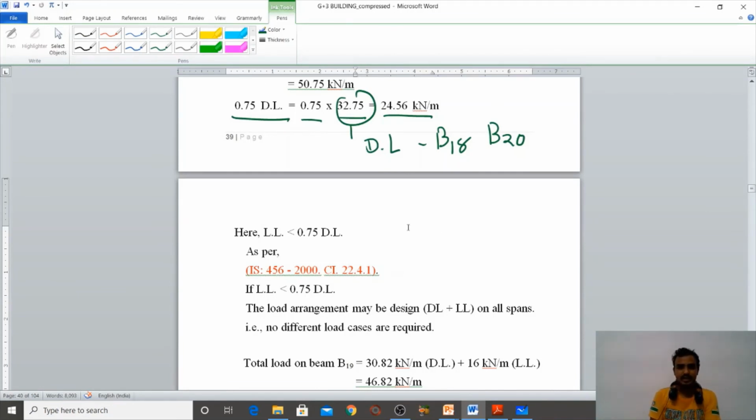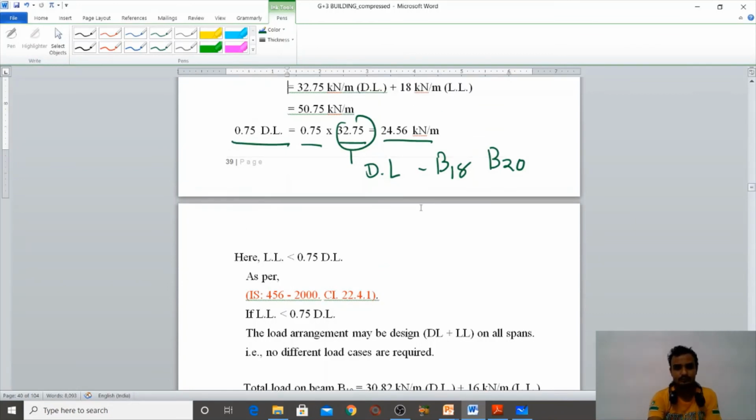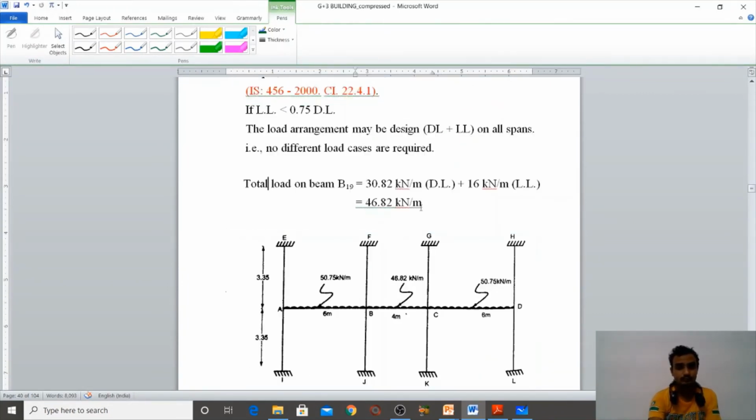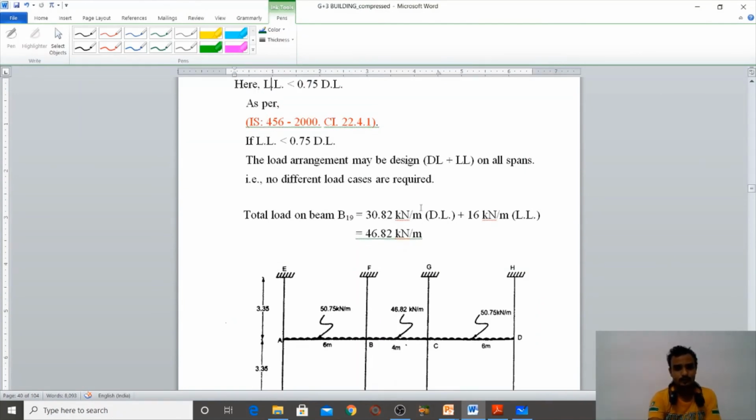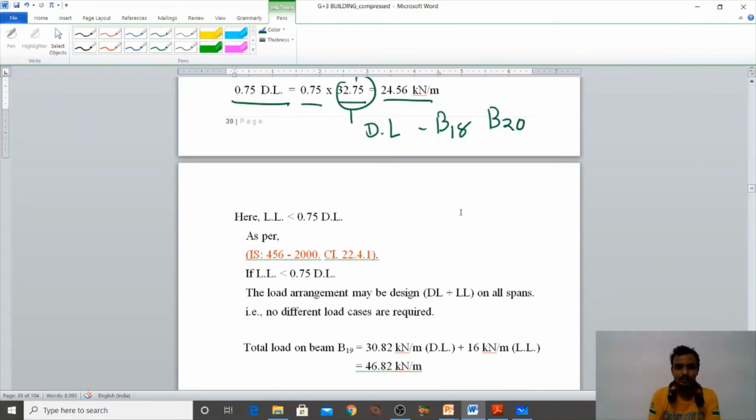And we have a live load value of 18, which is lesser than 24.56. So our condition is fulfilled.